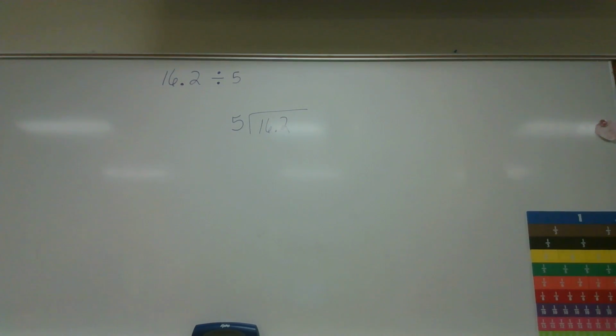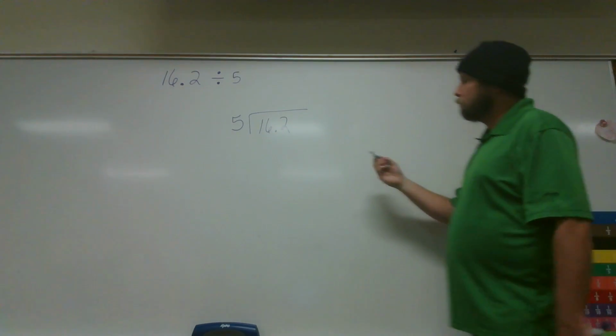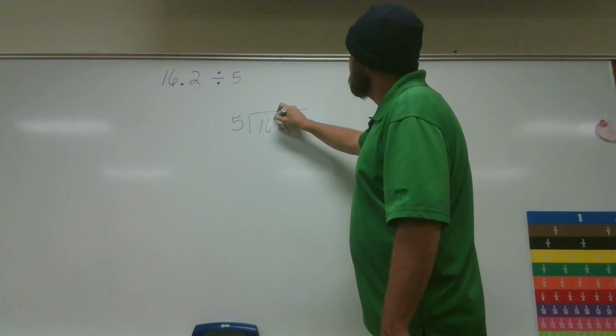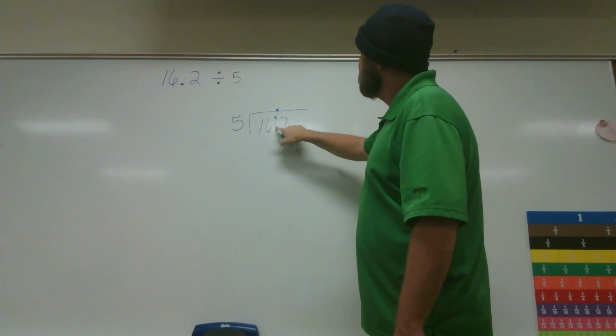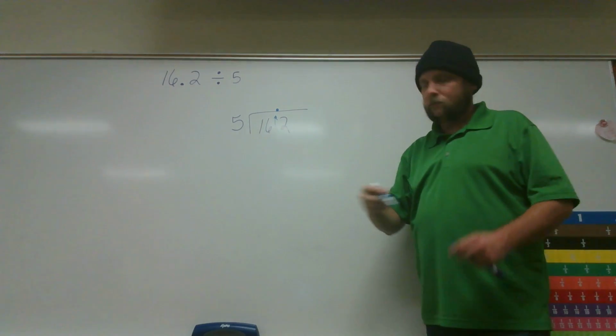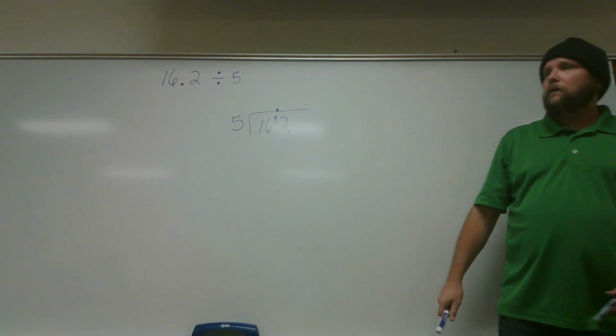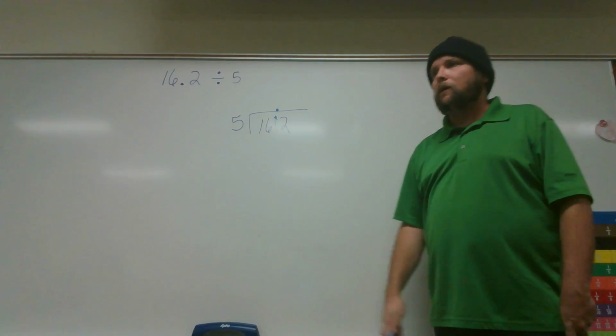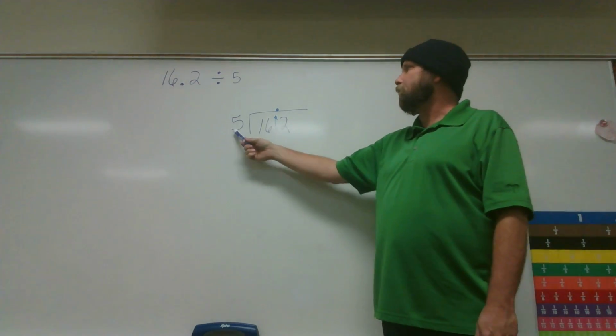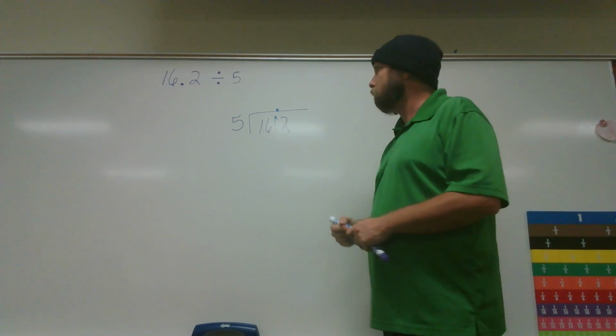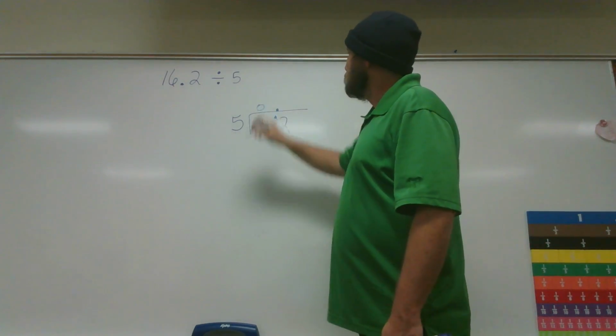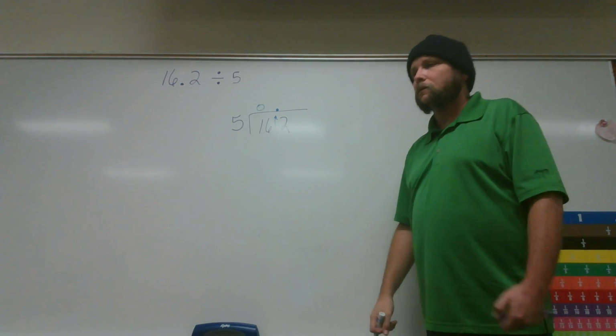When you're dividing and your dividend has a decimal, you move it straight up and then you divide normally. Is 5 going to go into 1? No. Is 5 going to go into 16? Yes.